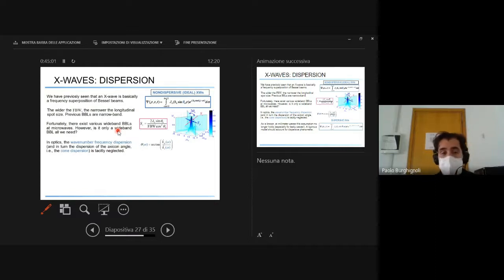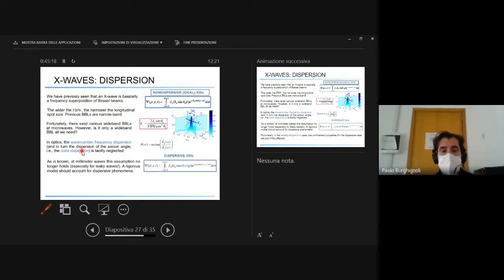And if we assume that there could be a wave number frequency dispersion, it also affects the X cone angle by means of this relation, and then we will have cone dispersion that will cause some dispersion of the pulse along propagation.